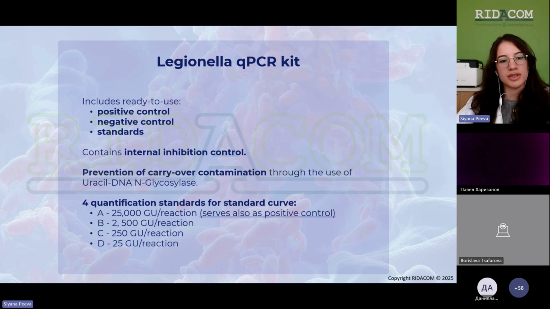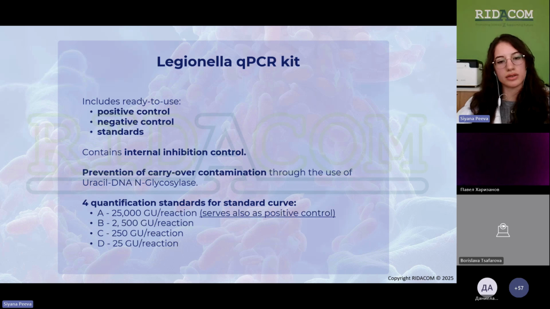The 4 standards are A, B, C, and D. You can see here the quantities of genome units per reaction for each one of them. And it's important to know that the first one, quantification standard A, also serves as the positive control, and you will actually see now how this is done. So now I'm about to show you a video of the procedure using the Legionella qPCR kit, which involves generating a standard curve using the internal quantification standards in the kit.